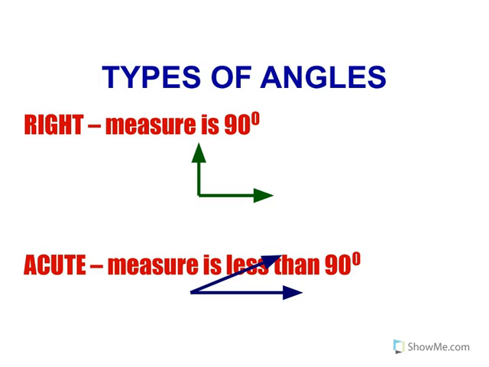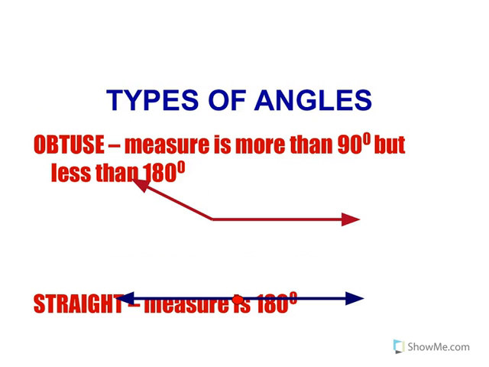You probably know these. You learned them somewhere along the way in, like, 3rd grade or something. Whether or not you write these down is up to you. A right angle is 90 degrees and usually has a little box in there to tell us that it's 90 degrees. An acute angle is less than 90.